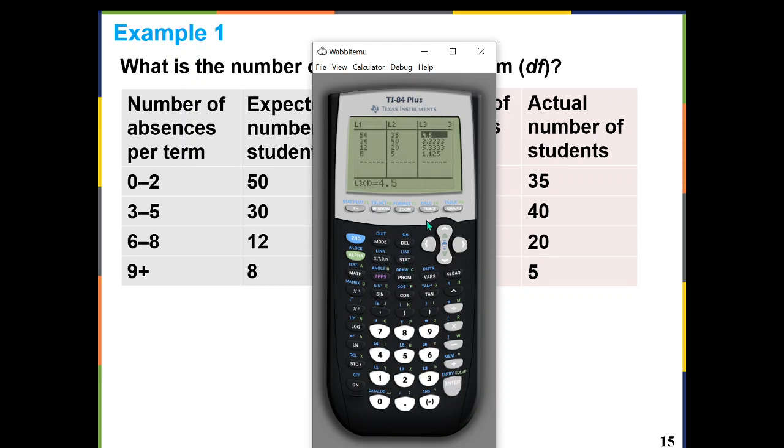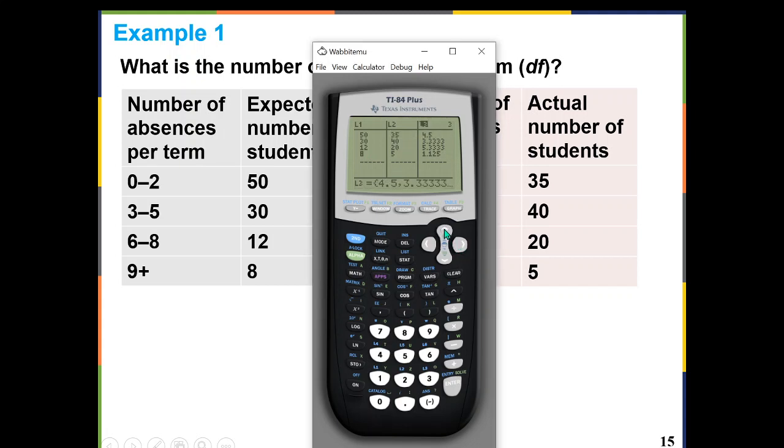Go to Edit. And I already put the numbers in here. You see, 50, 30, 12, and 8. And I'll put the numbers here. These are actual observed values, and these are what? Expected values. So I put the expected values in L1, and I put the observed values in L2.